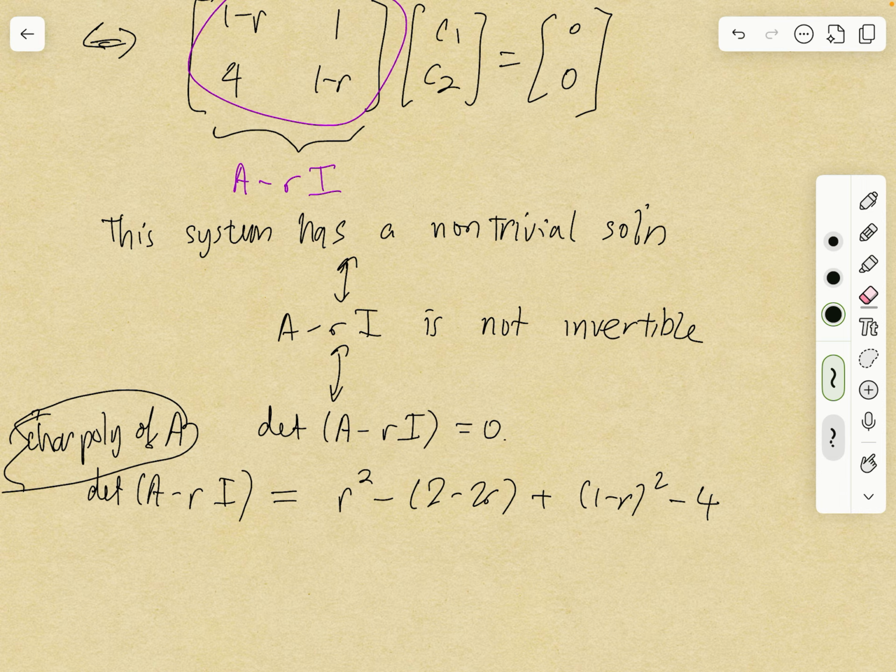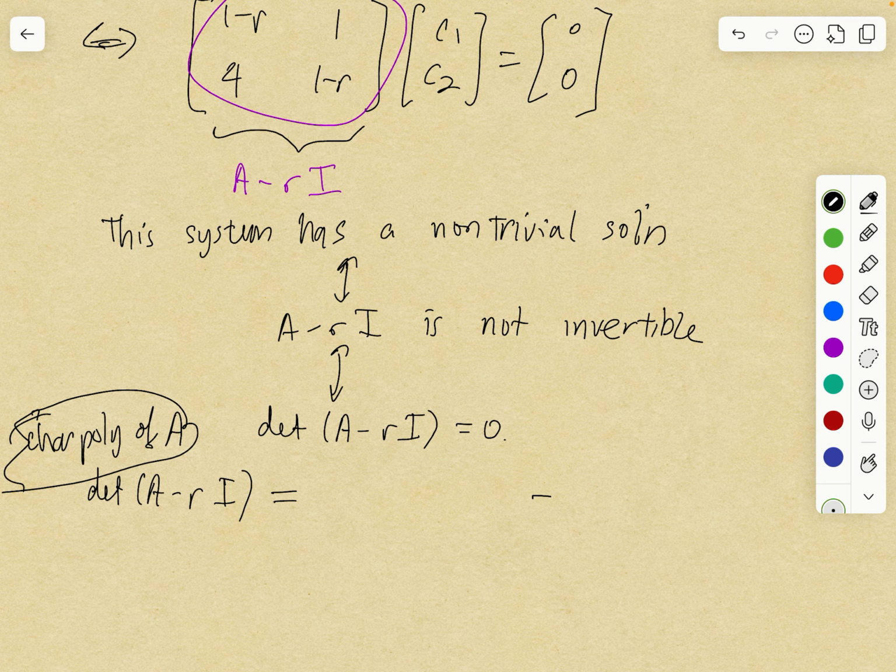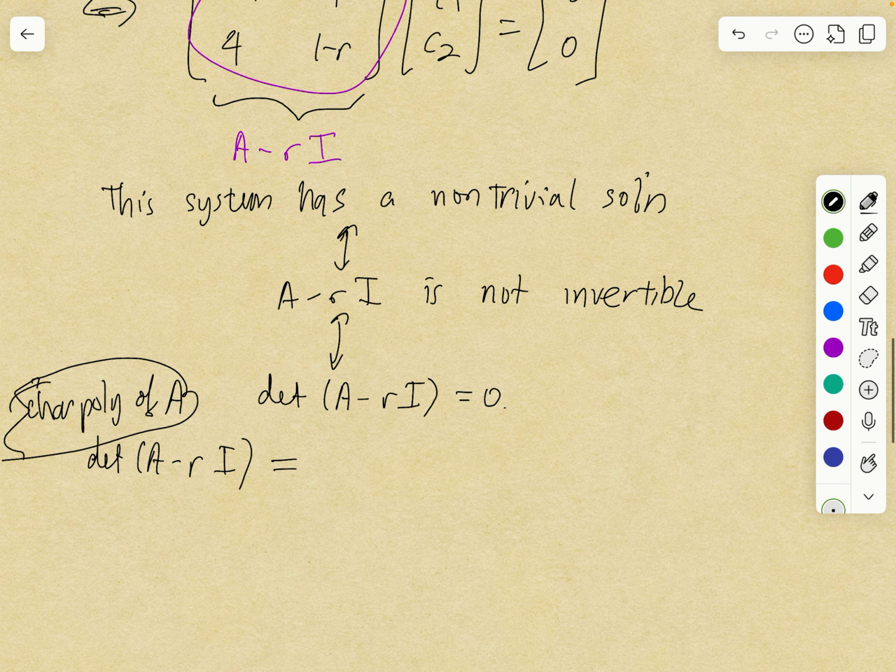Did I mess this up? Okay, no, I messed up. This is wrong. Let's just do the determinant like normal. Oh, I see. It's because I already calculated A minus rI. Sorry, I was mixing this up with something else. There's a fast way of finding the characteristic polynomial, but let's just do it this way.